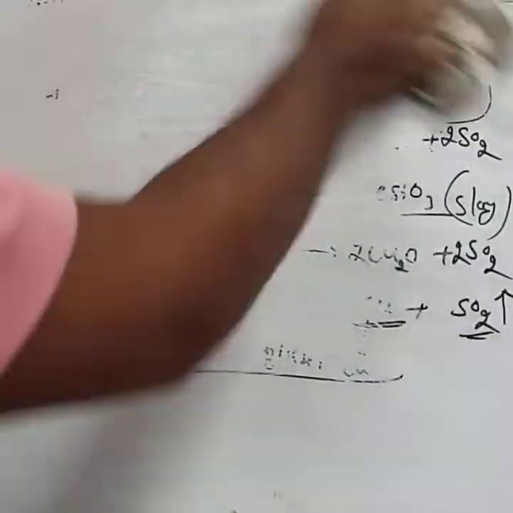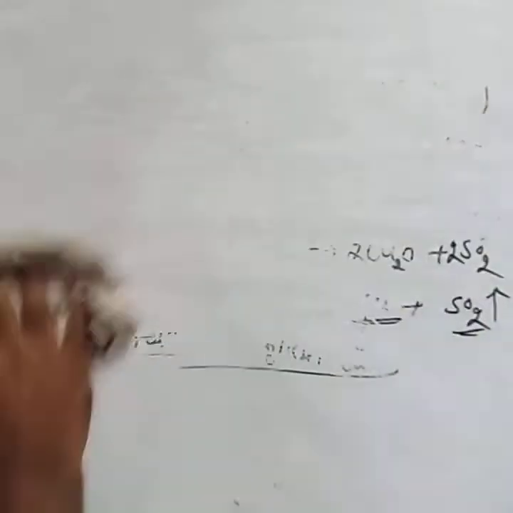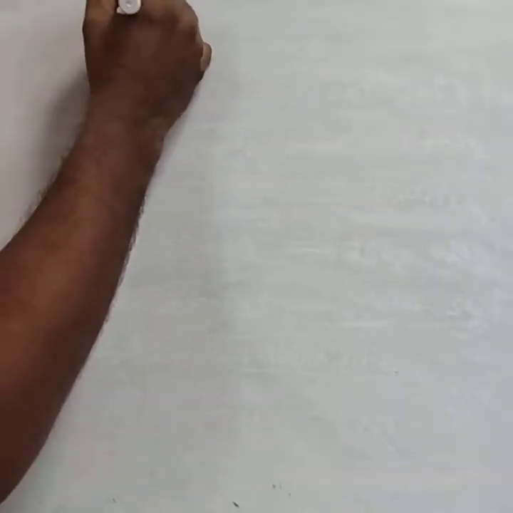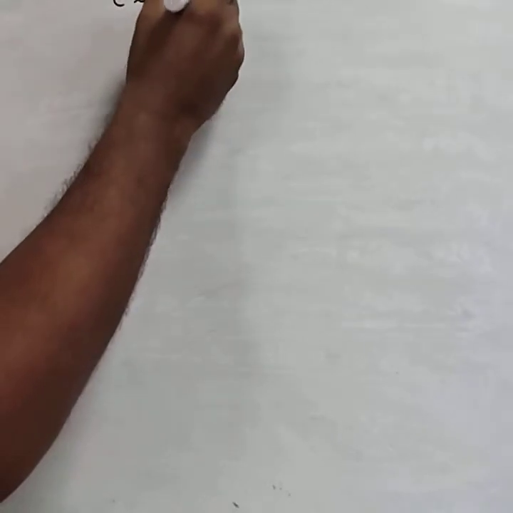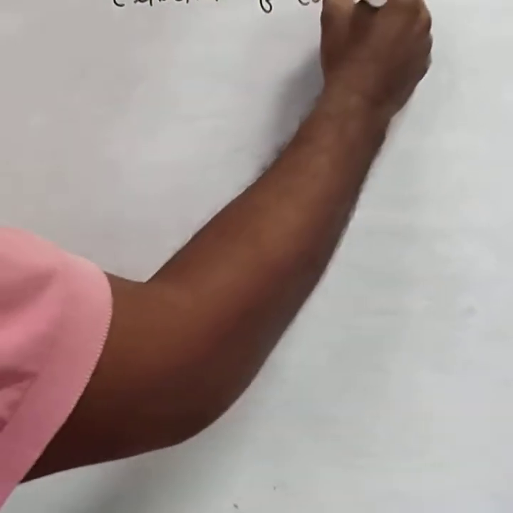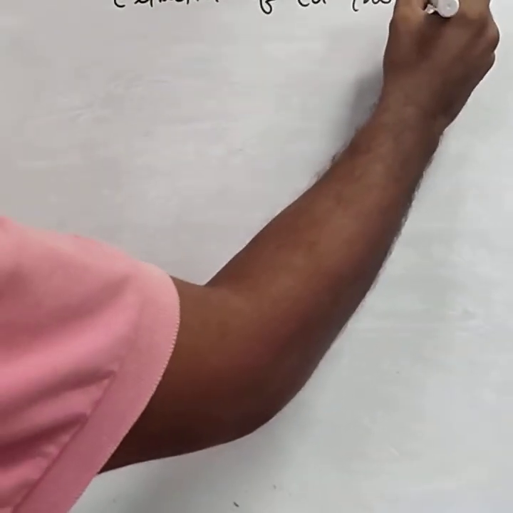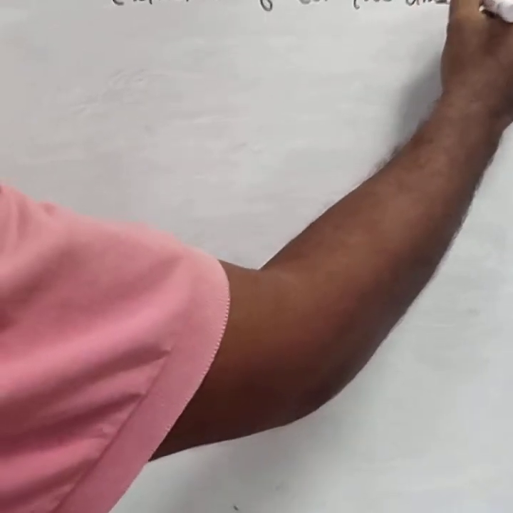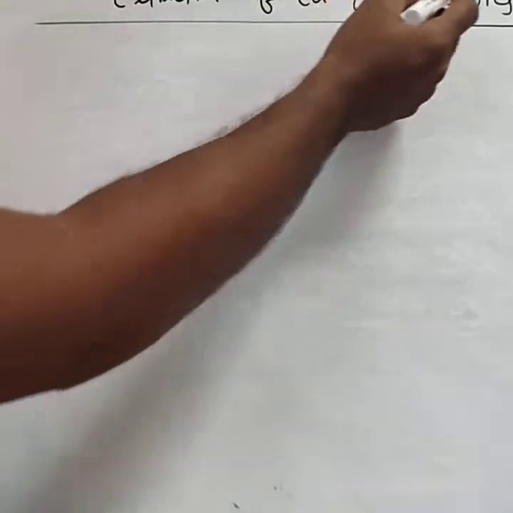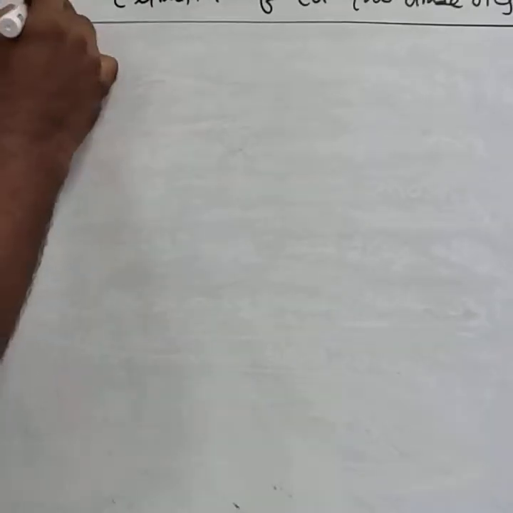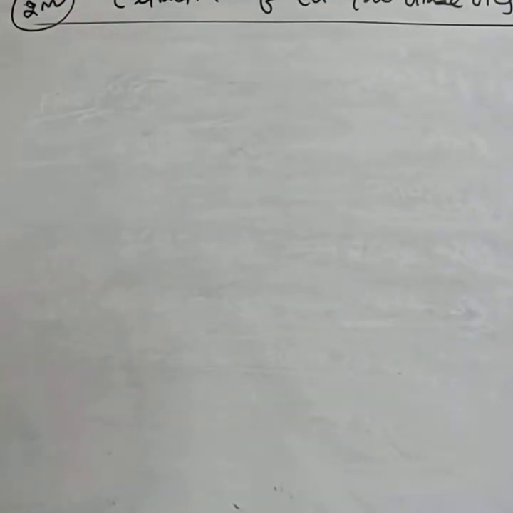Then for the extraction of copper we can also consider one more method: extraction of copper from low grade ores. This is for 2 marks.